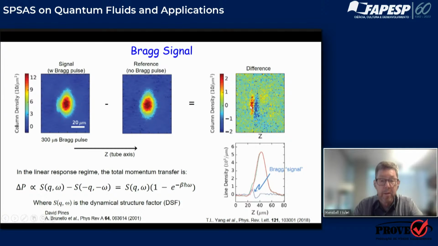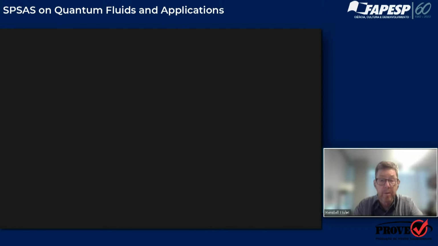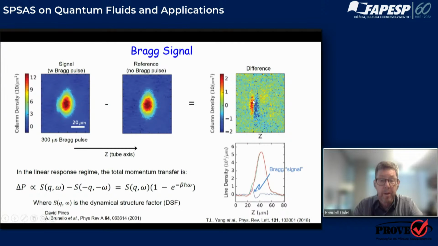And again, the tube axis is horizontal. The reason these regions are elongated perpendicular to the tube is because of confinement in the tube. The radial confinement is so strong that when you release them in time of flight, they mostly expand radially and very little along the tube direction.